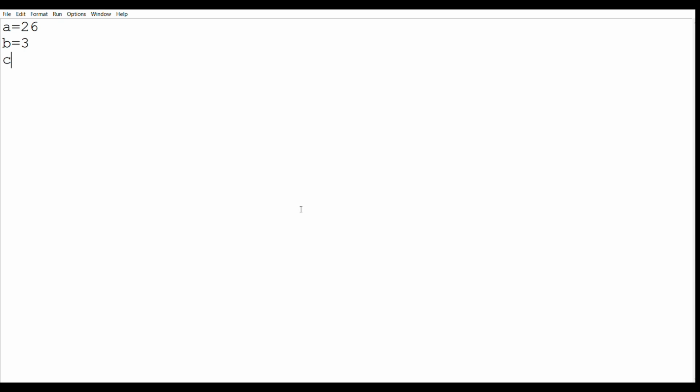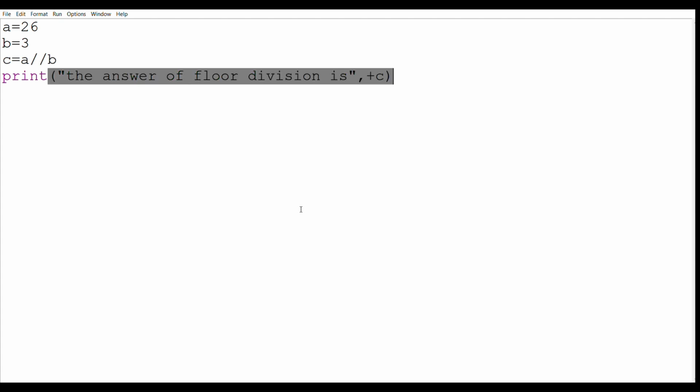So C is equals to A floor division sign B. Print the answer of floor division is C. It will be stored in the operand C. Now save the program and run it.